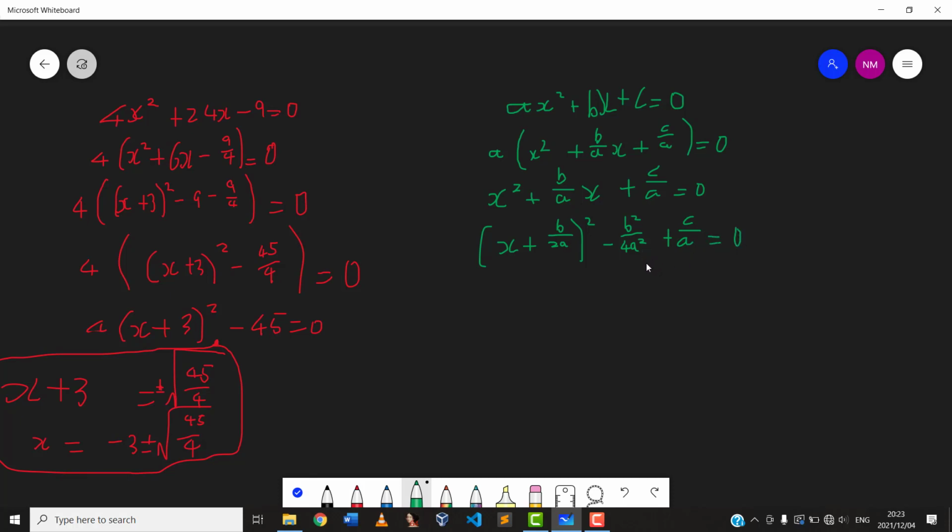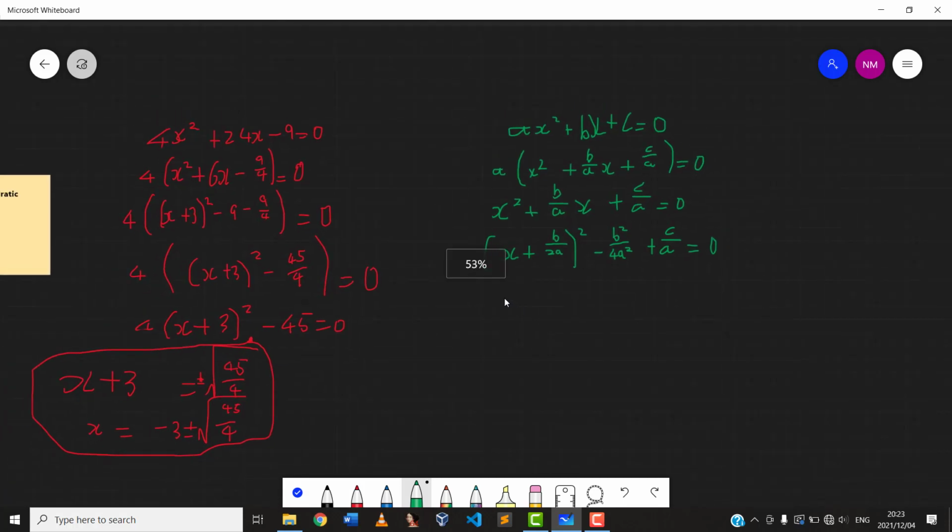Now let's put these constants on one side. Let's take them to the right. So x plus b over 2a, all together squared, equals b squared over 4a squared minus c over a.